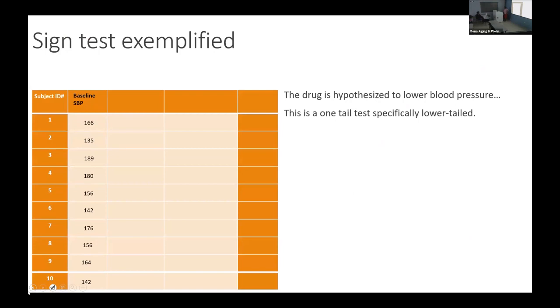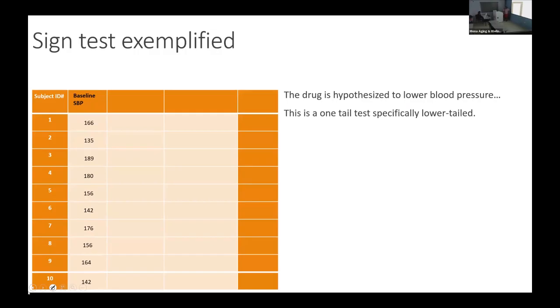All right, so in this example, we have this drug. We don't know what the name of the drug is, but this drug is hypothesized to lower systolic blood pressure. So if it's hypothesized to lower systolic blood pressure, we know already that this is a one-tailed test.